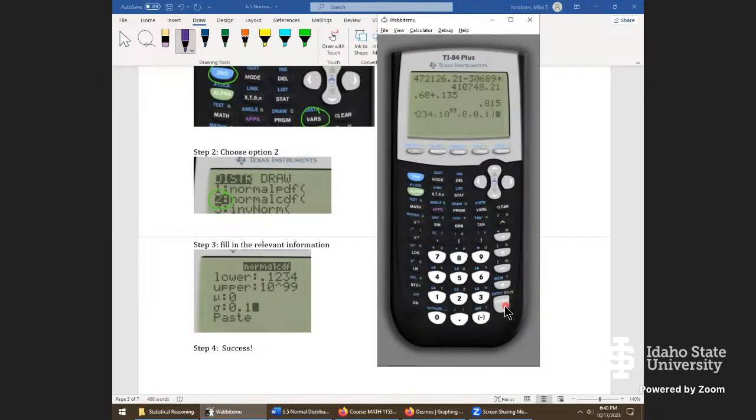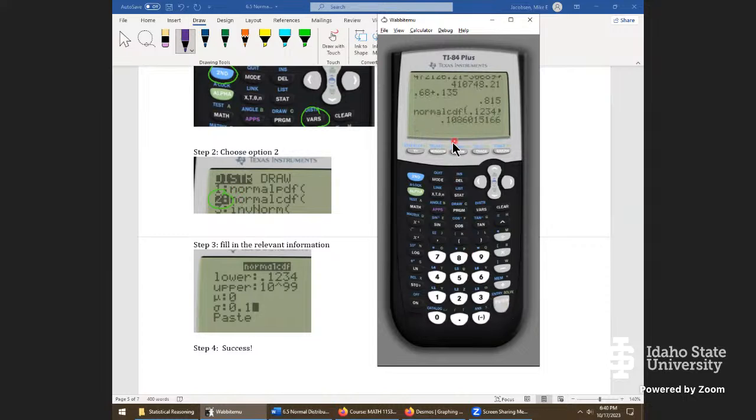Right here where it says paste, it'll look like this on the TI-84 Plus. This is a good time to mention, if you spent a little bit extra money on your calculator, maybe you have a TI-84 CE edition, maybe it has a charging cable, a nice LCD display, it'll look a little bit different in your calculator, but all the information is essentially the same.